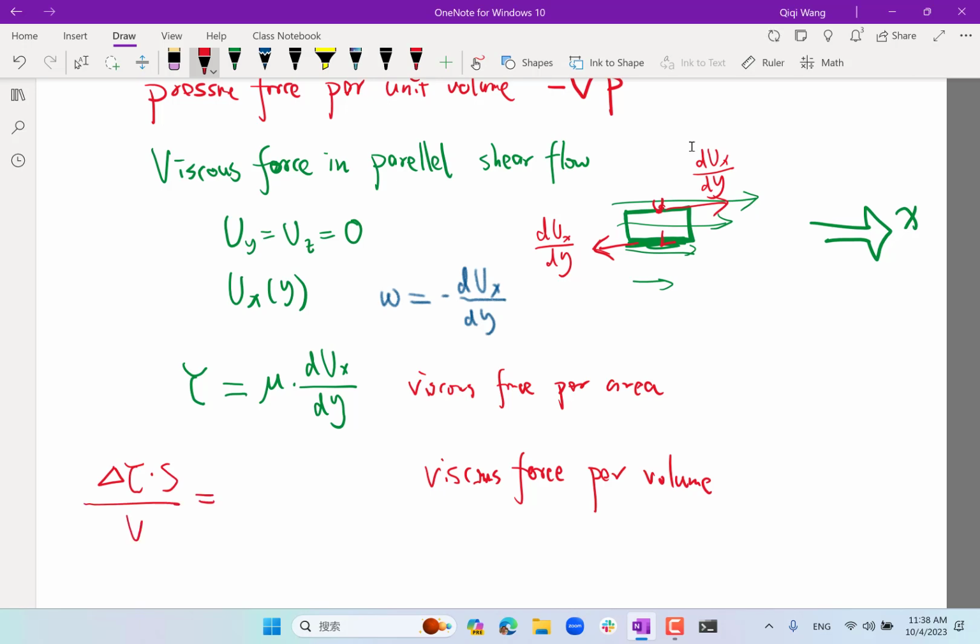So that would be basically mu times du/dy at the upper side minus mu times du/dy at the lower side, divided by the volume, right? And the volume is equal to the surface area of this times the delta y.